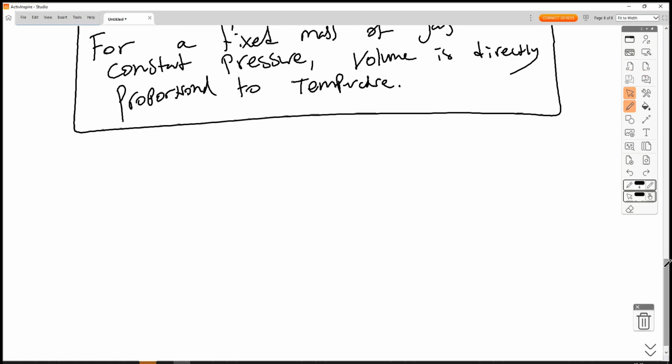So, just like before, if we keep pressure constant and V over T is a constant, that means that the initial conditions for V over T is equal to the final conditions of V over T. So V1 over T1 equals V2 over T2.